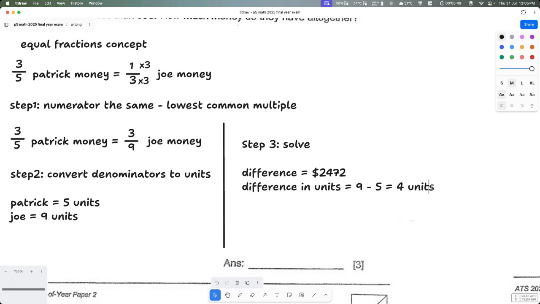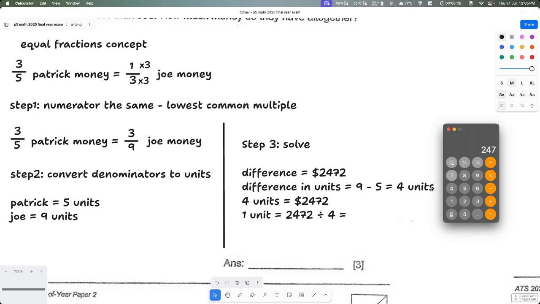The difference in units is 4 units. So we know that 4 units is equal to $2,472. So 1 unit is equal to 2472 divided by 4. And what will this give us? Let's use our calculator. 2472 divided by 4 gives us $618.